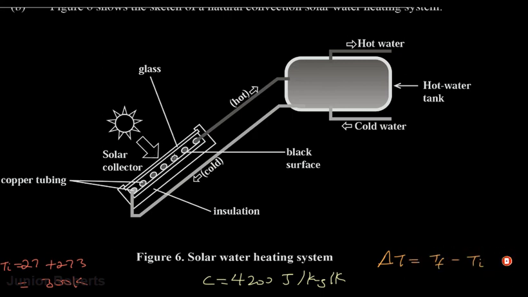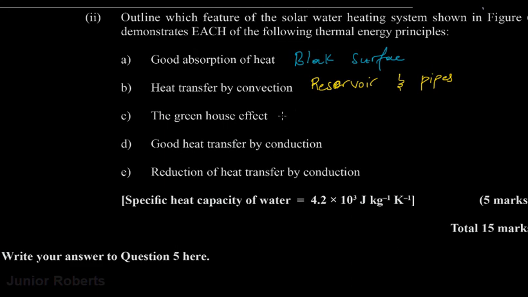Some will be absorbed by the copper pipes or copper tubing, while some will want to be reflected out. Now because this glass is right here, it will actually prevent any reflection of that thermal radiation, and it's going to keep inside here warm. So the glass is responsible for the greenhouse effect. So we can say that the glass will be responsible for that.